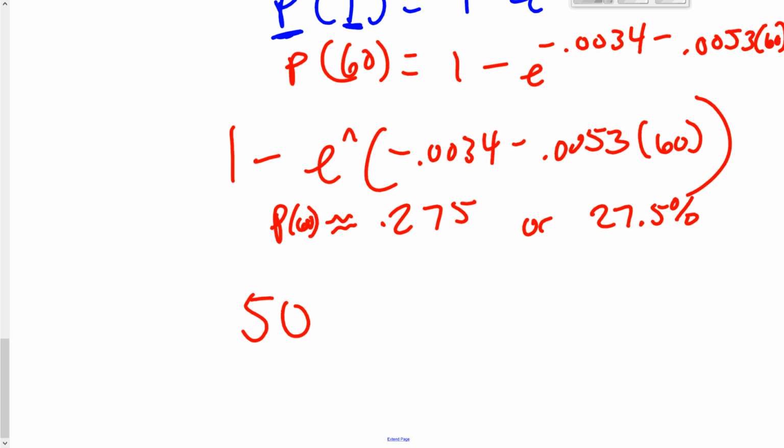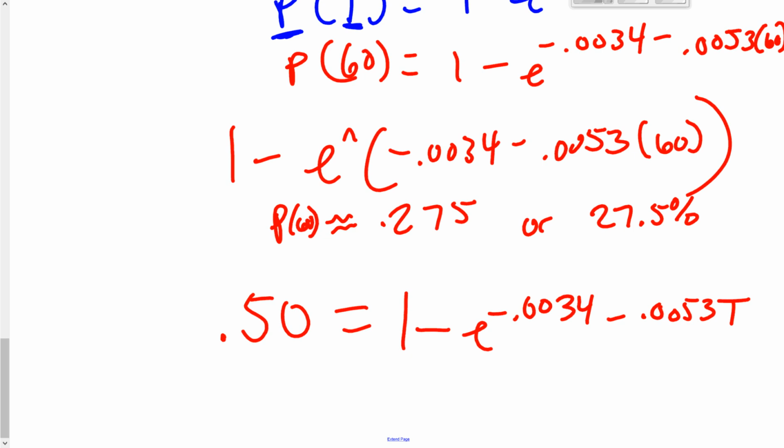So if we want our reduction to be 50%, just 0.5, right? Then what would this T need to be? What would that T need to be there?